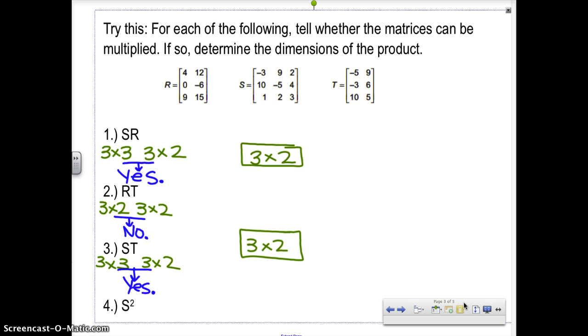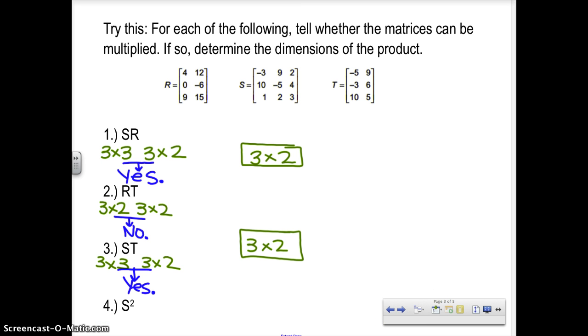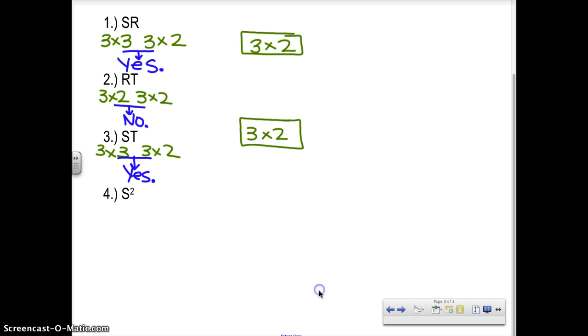Last one's a little bit different, but it's a little bit awesome. Okay? S squared. Looking at S squared, that means, really, S times S. Okay? And I don't have it up there anymore, but the dimensions of S were 3 by 3.